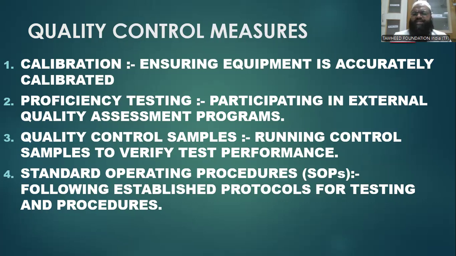So, proficiency testing: participating in external quality assessment programs. Under external quality assessment programs, there are a lot of proficiency testing units in India. One is EQAS, External Quality Assurance, provided by CMC Vellore, and one more proficiency testing is AIIMS, All India Institute of Medical Sciences, where they send hematology and histopathology specimens to different laboratories for the External Quality Assurance Program.